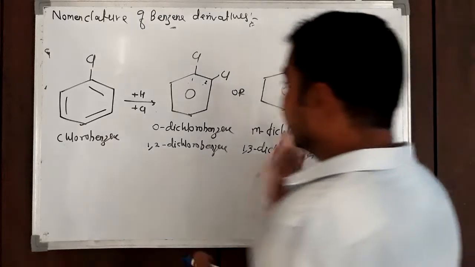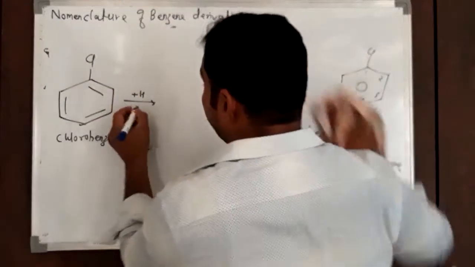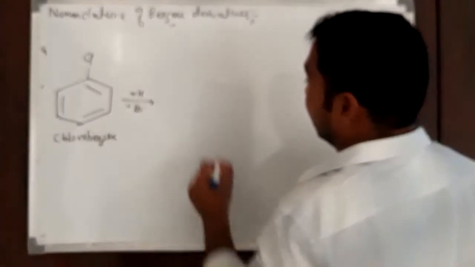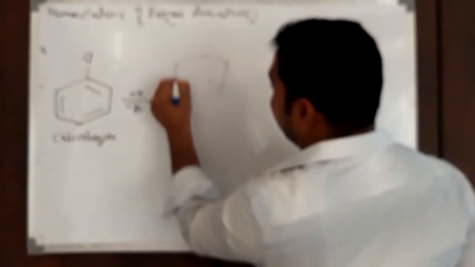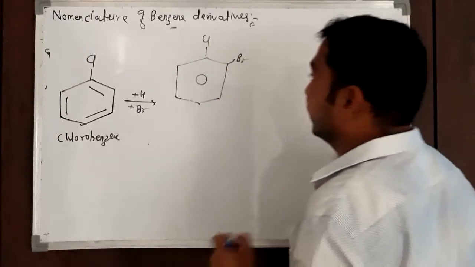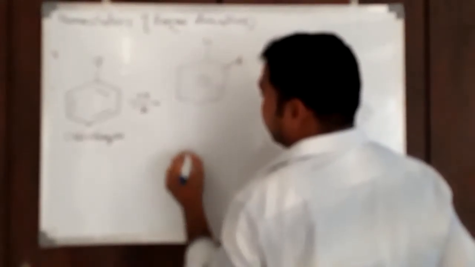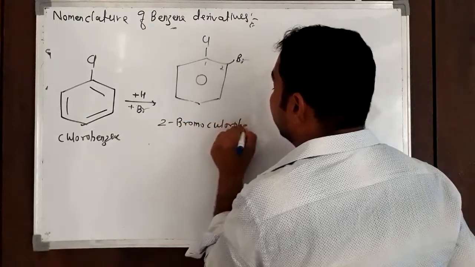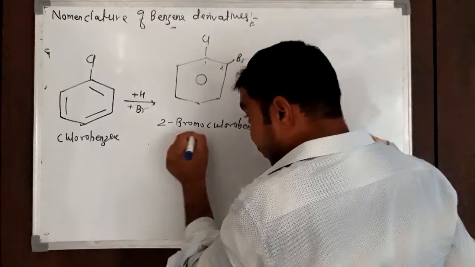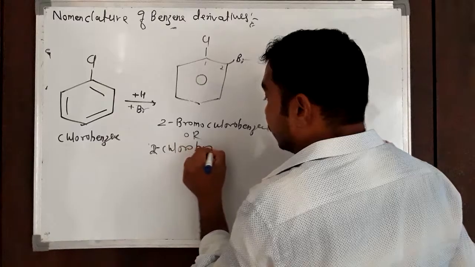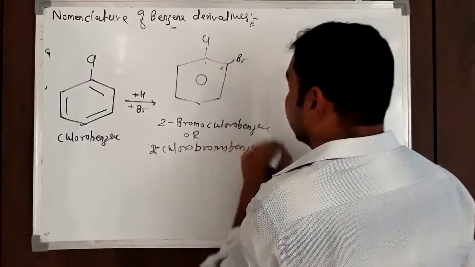Okay. Next example, if I am going to replace H by bromine, a different group, then what? If the incoming bromine attaches at ortho position, then what we have to do? 1 2 bromochlorobenzene, or 2 chlorobromobenzene, one and the same thing.